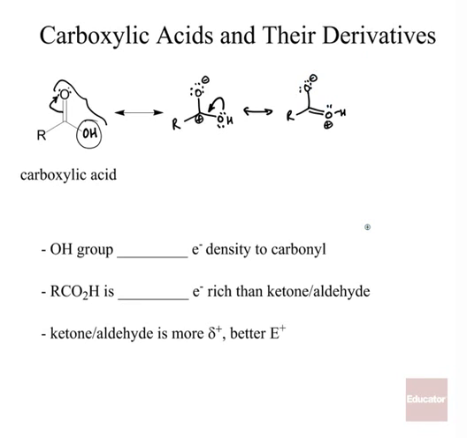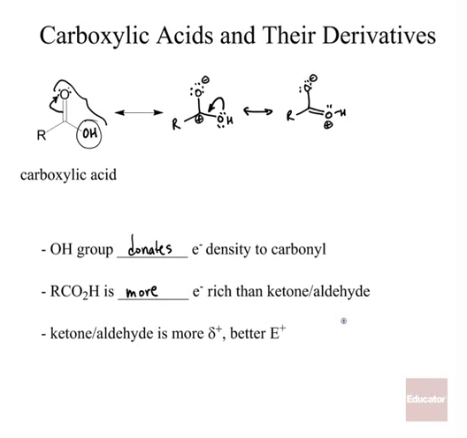So how does that affect the reactivity of the carboxylic acid? Well, it turns out that this oxygen group with its lone pair donates electron density into the carbonyl. The OH group donates electron density. And that means that this carbonyl of the carboxylic acid is more electron rich than a ketone or an aldehyde.